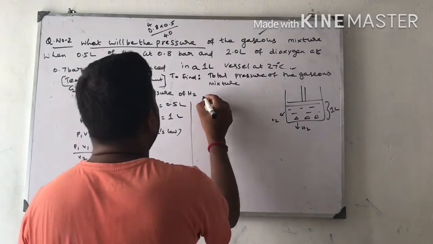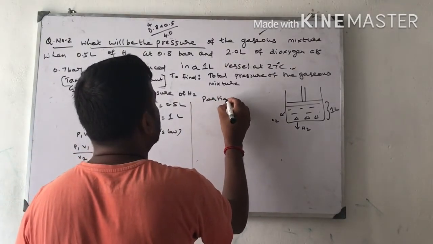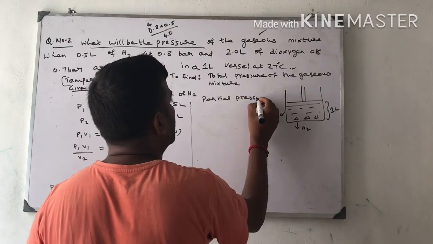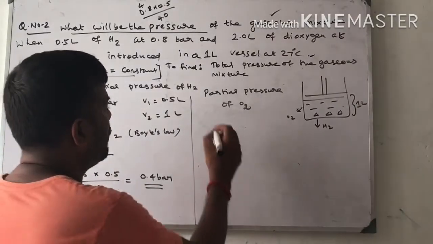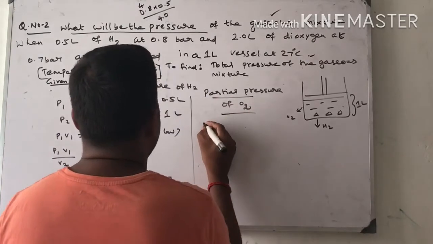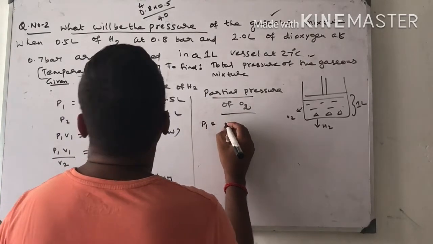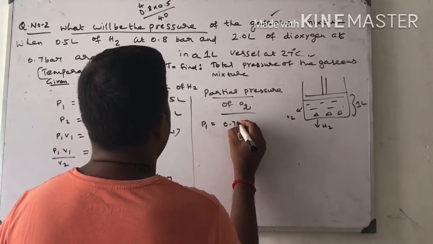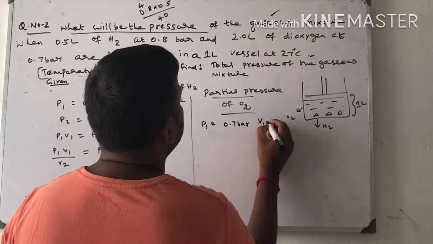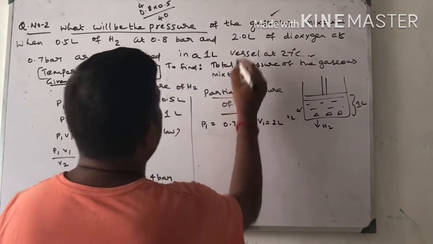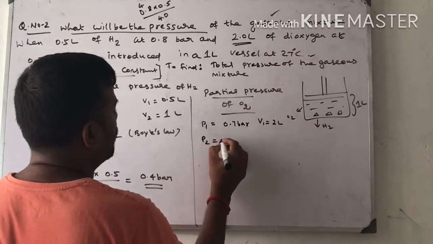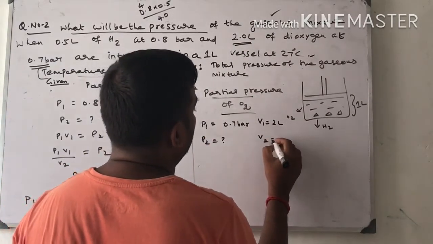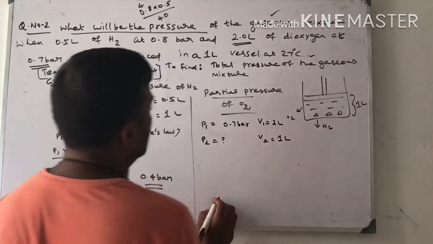Next, we are going to find the partial pressure of oxygen. Partial pressure of O2. P1 is equal to 0.7 bar. V1 is equal to 2 liter, as mentioned here. P2 we want to know. V2 is 1 liter, the volume of the cylinder, right?